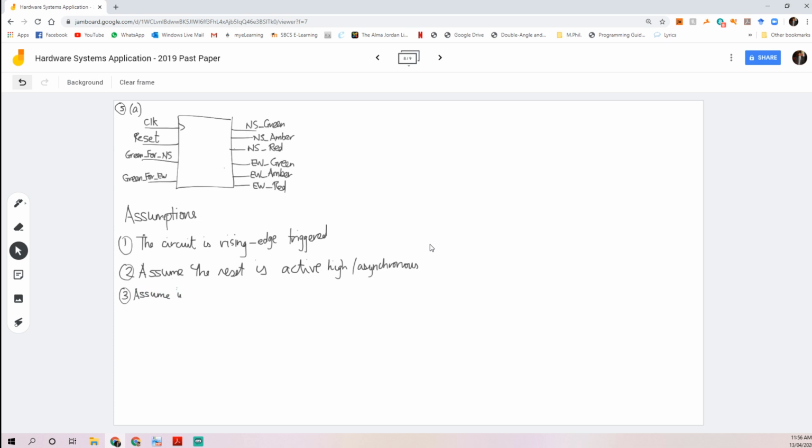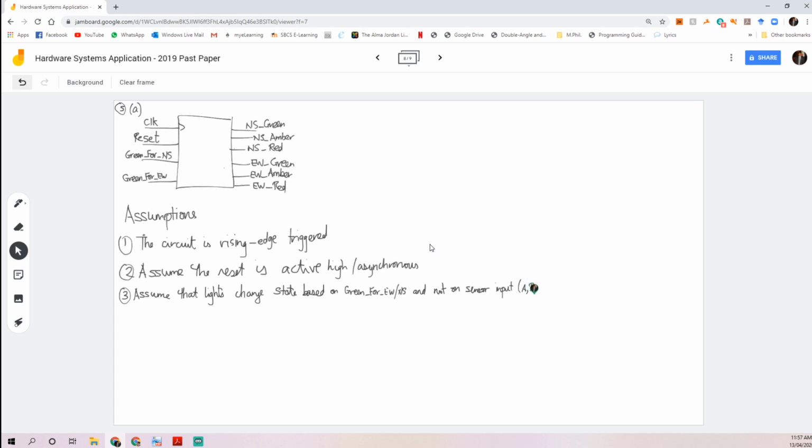Assume that lights change state, and this is just an assumption for this particular question, based on green for east-west and north-south and not on sensor input A, B, C, or D. Right?